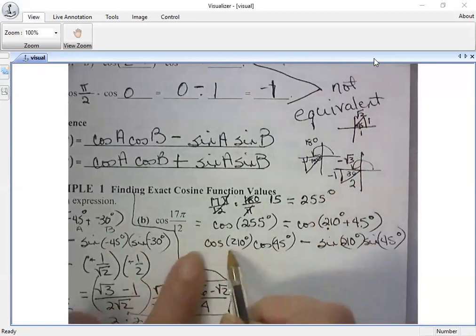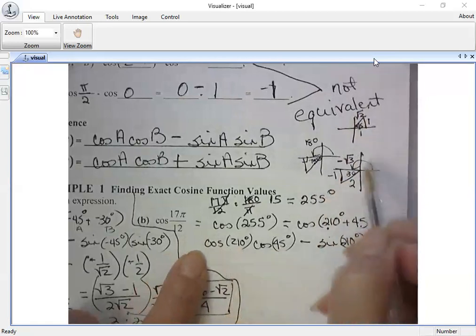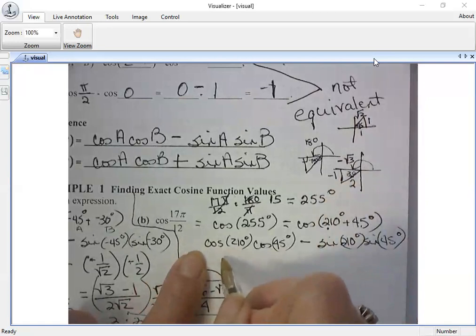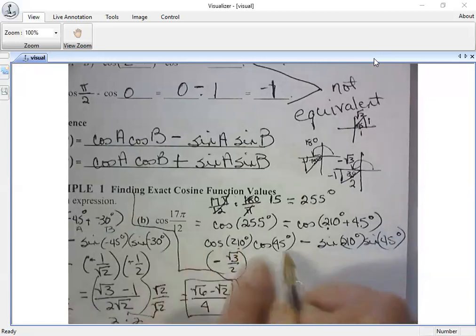All right, so let's plug in values. Cosine of 210. So I'm looking at this one. Cosine is going to be what value? Negative square root of 3 over 2. And then what would be the cosine of 45?